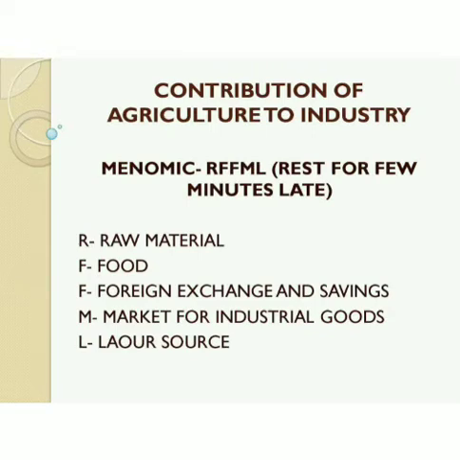So, we can understand the contribution of agriculture to industry by the mnemonic RESTFUL. So the first R stands for the fact that agriculture provides most of the raw materials for the industrial sector.